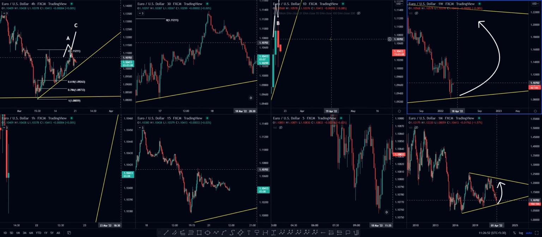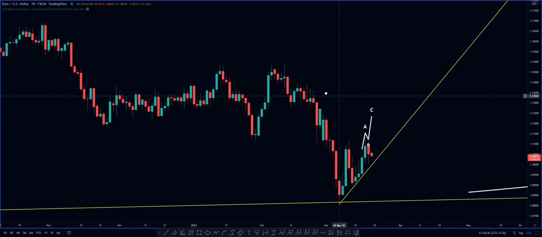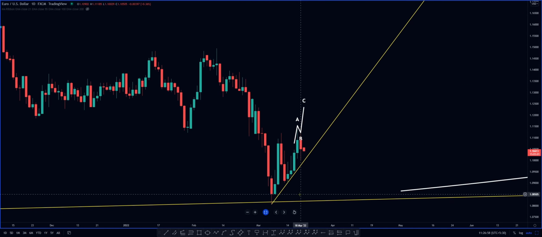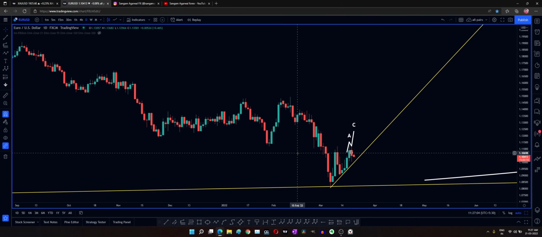If we go back to the daily time frame, then you can see the closing above this trend line. The same thing is happening on USD CAD. This is almost the same trade, same strategy.